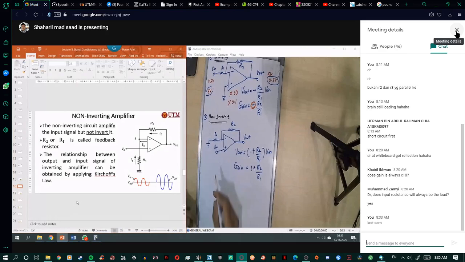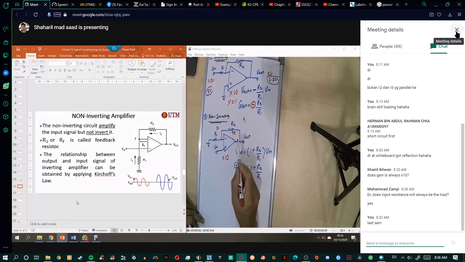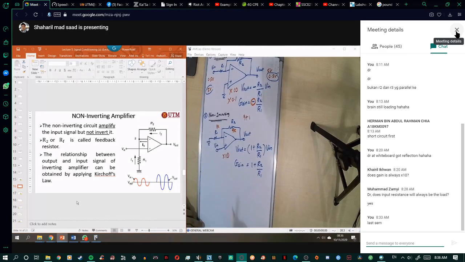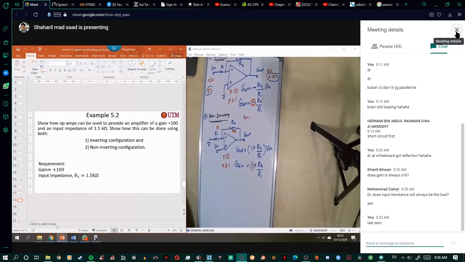For example, you want a gain of 10, that means your R2 needs to be 9K and R1 1K. So 9K divided by 1K, you get 9, and 9 plus 1, you get 10. However, for non-inverting, you cannot multiply with 0.1, because of this. You already learned this in your Lab 1. Okay, so let's go for example 5.2 here.